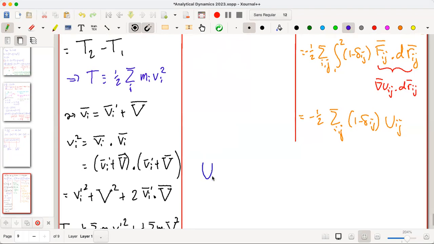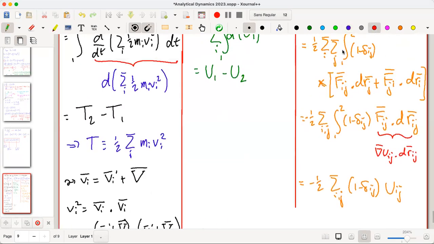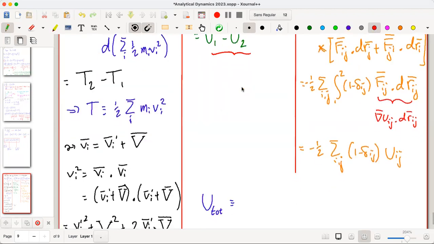So the U total is just the one coming from here. I'm just writing it down like this. Sorry, maybe not quite from here. I mean, I can define a total potential energy at one point.